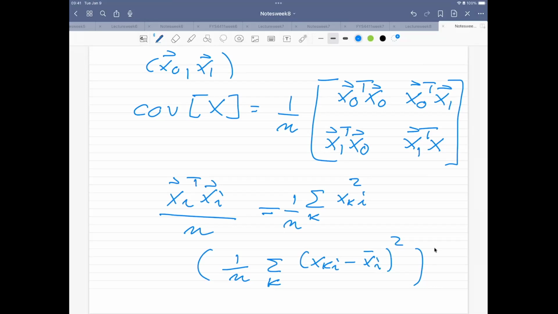Now, if there is no correlation, if these are independent and identically distributed variables, then the non-diagonal elements have to be equal to 0. You can prove that. So I'm just stating it here. And that means that your covariance matrix is diagonal, and along the diagonal, you have only the variances.